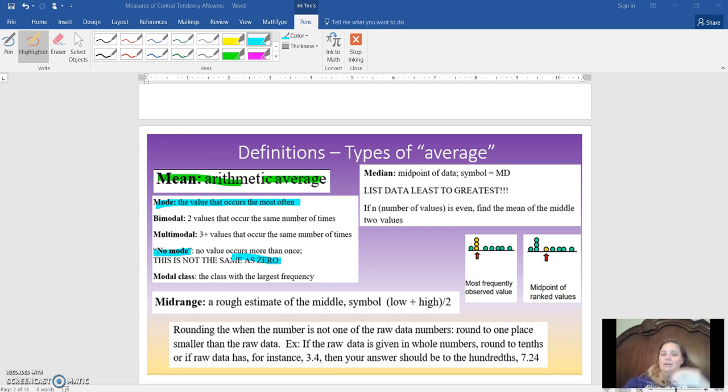So 0 is a number. If all the numbers appear the exact same number of times, they all appear once, or they all appear twice, then you have no mode. It's not the same as 0. You have modal class. I'll explain that more later as we do an example. It'll be really evident. Okay, you have median.